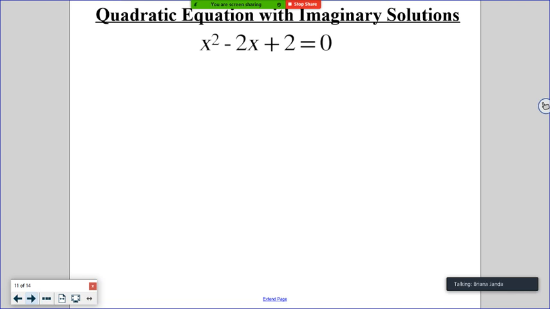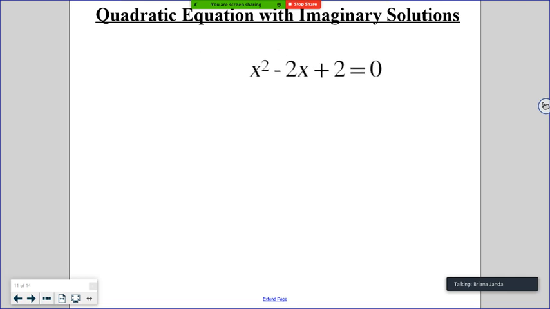So if you do not remember your quadratic formula, let's start there. Your quadratic formula looks like this. x equals negative b plus or minus the square root of b squared minus 4ac, all over 2a. If you didn't know that, make sure it's in your notes.